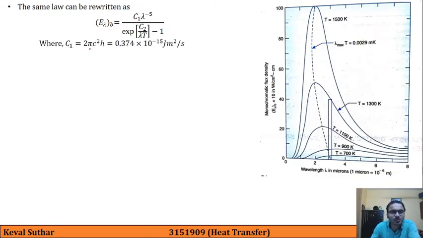Here C1 is 2 pi c square h, whose value is 0.374 into 10 raised to minus 15 joule meter square per second, and C2 is given by hc upon k, which is 1.4385 into 10 raised to minus 2 meter Kelvin.